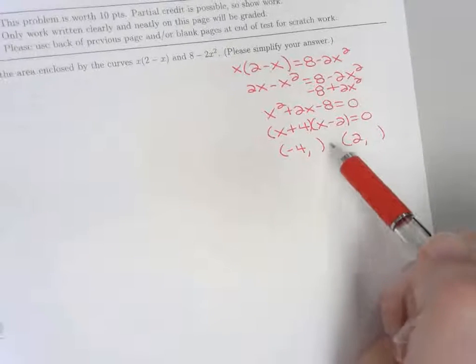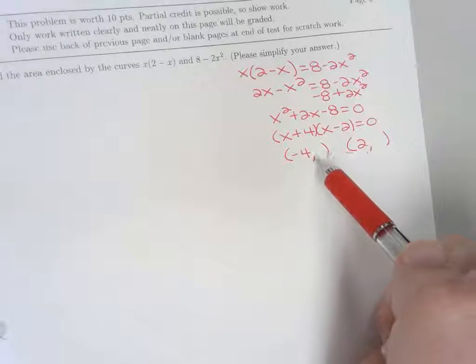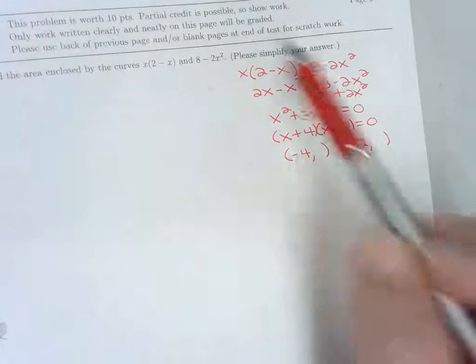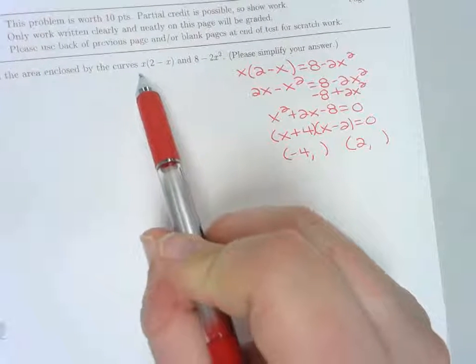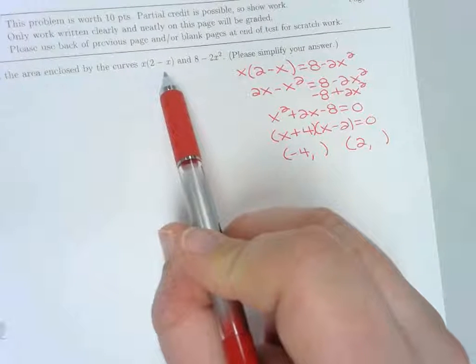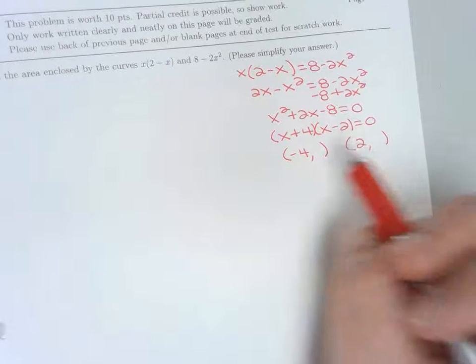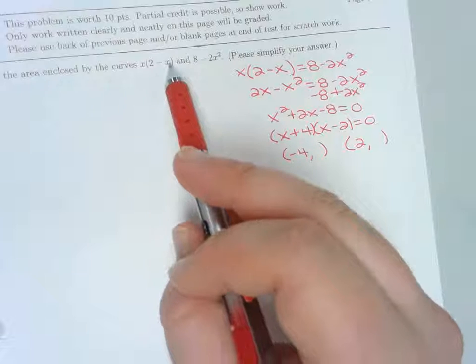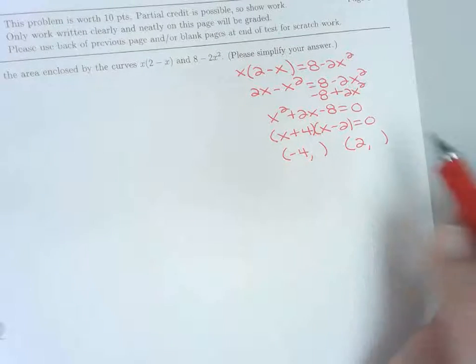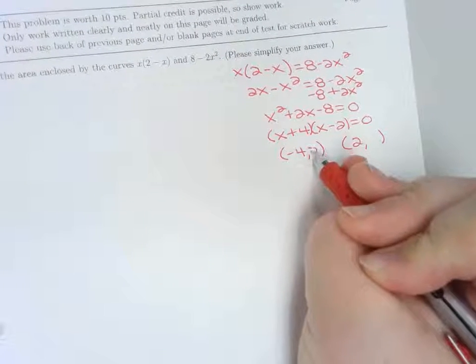How do I find actual points? Plug it into the original. It doesn't matter which one. If I plug in -4, this becomes 2 minus -4, so 6 times -4, which is -24.